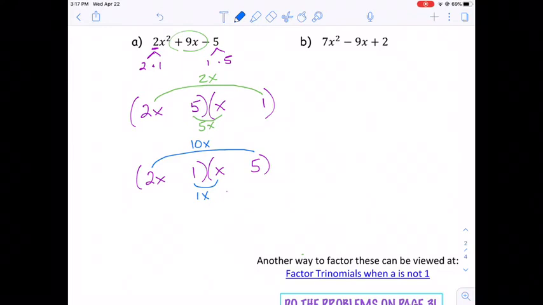I want to get a positive 9 in the end, so that means I want a positive 10x minus 1x. So to get the positive 10, I'm going to have the plus with the 5, and to get the negative 1x, I'm going to have the 1 be my negative. So my final answer is 2x minus 1 times x plus 5.